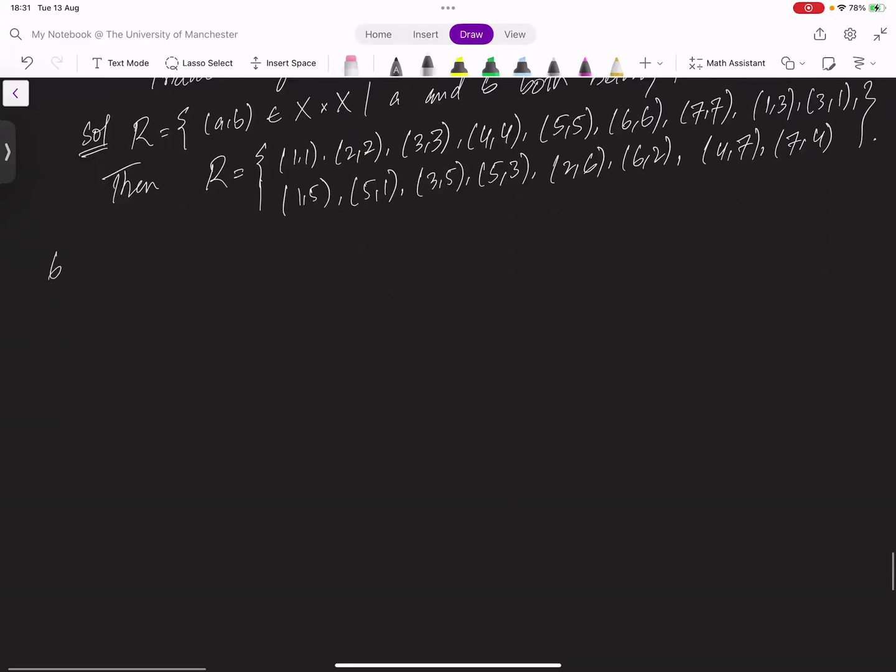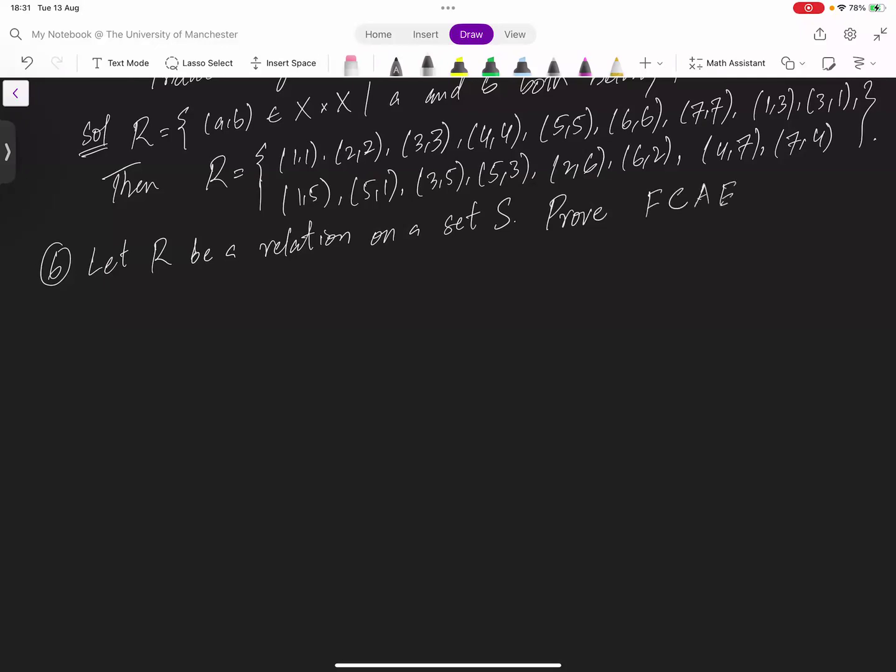The last one, number 6, says that we have a relation R on a set S. Let R be a relation on a set S. We need to prove the following conditions are equivalent.